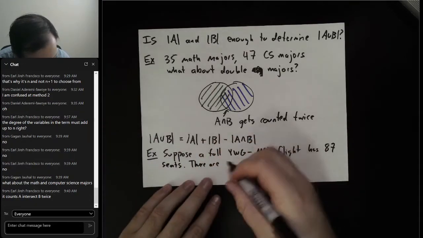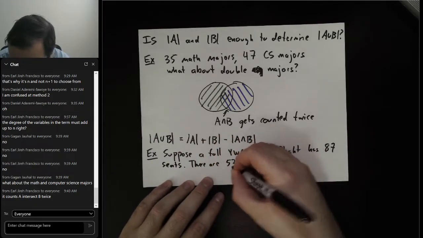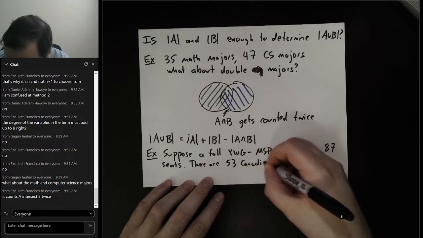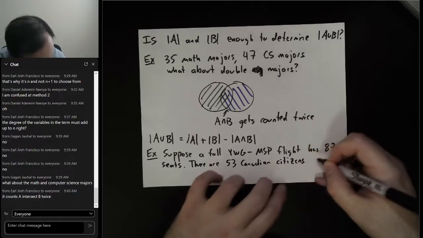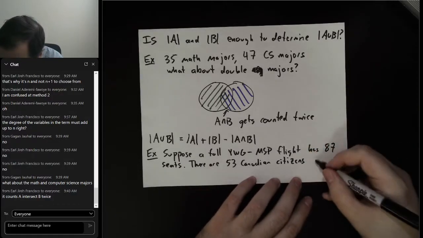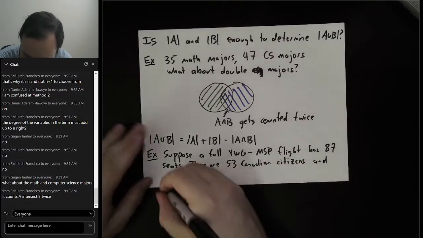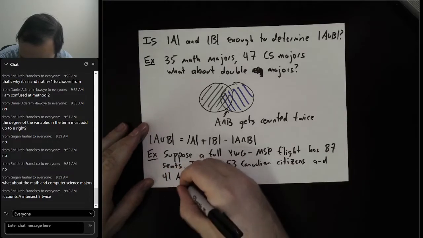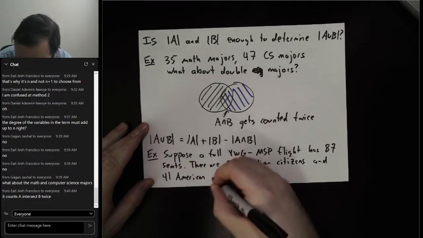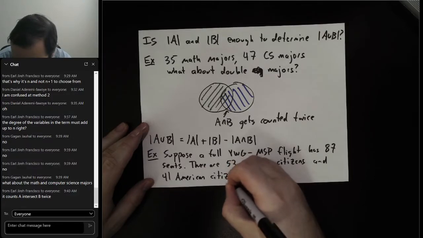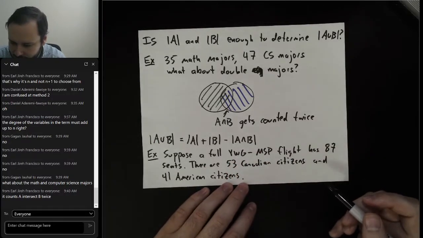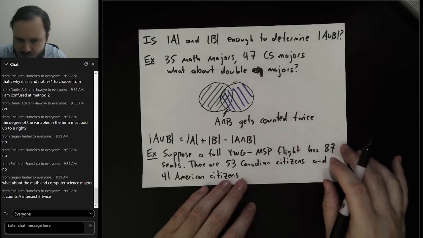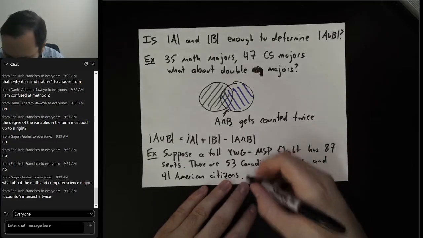There are 53 Canadian citizens and 41 American citizens. How many passengers have dual citizenship?